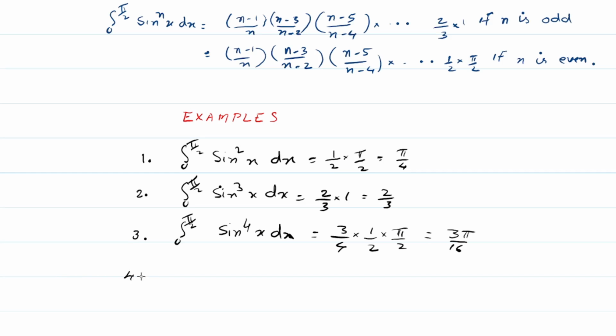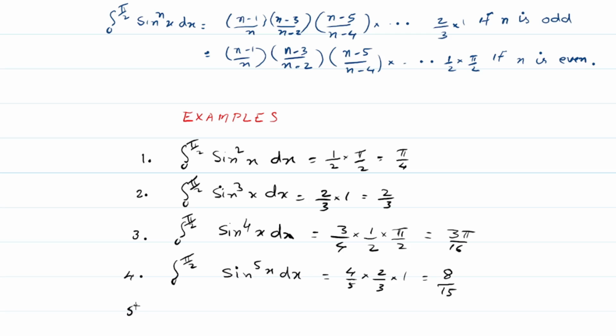Then the fourth one, integral 0 to pi by 2 sin raised to 5 x dx. For 5, the first term will be n minus 1 by n, that means 4 by 5, multiplied by 2 by 3, multiplied by 1, that is 8 by 15.